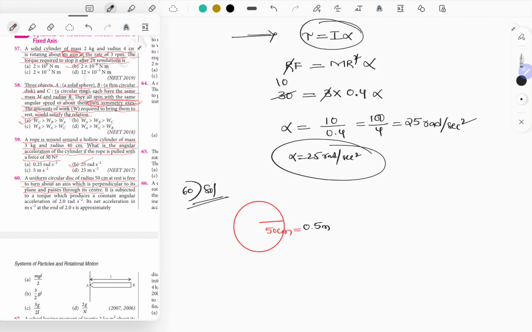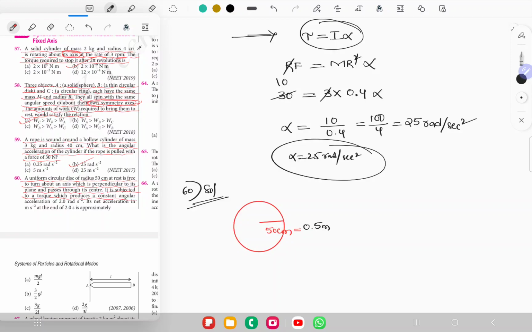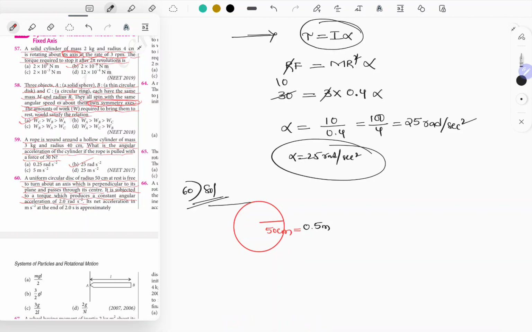Okay. Now what is the question they're asking? It is subjected to a torque which produces a constant acceleration of 2 radian per second square. That means a force is applied. It's a rotational force. Due to this rotational force, the object is going to rotate, which produces a torque. They've already given a constant angular acceleration.